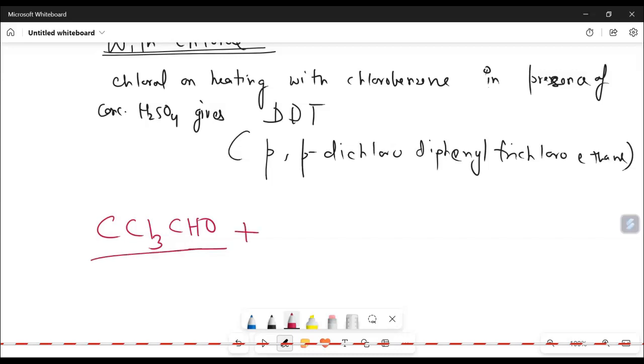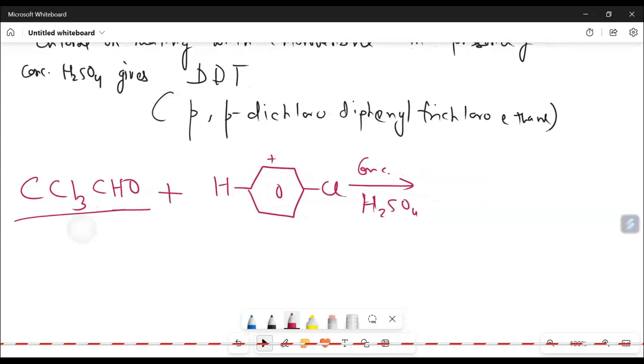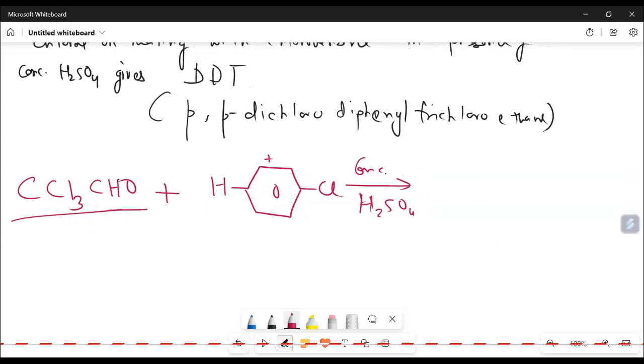This reacts with chlorobenzene, in the presence of concentrated H2SO4. It will form the product. This product is like that, CCl3CH.